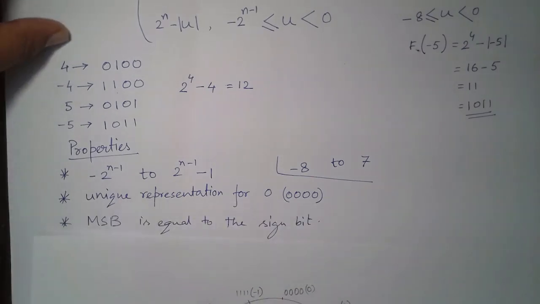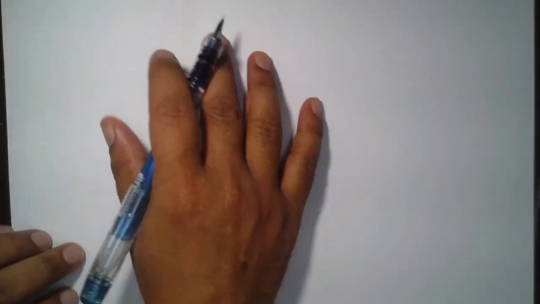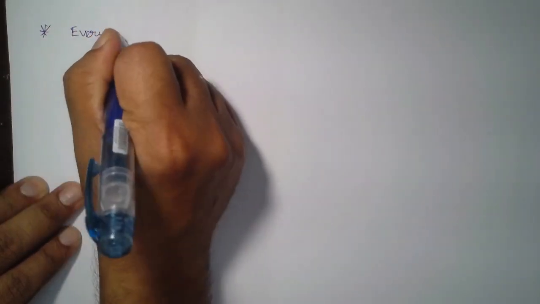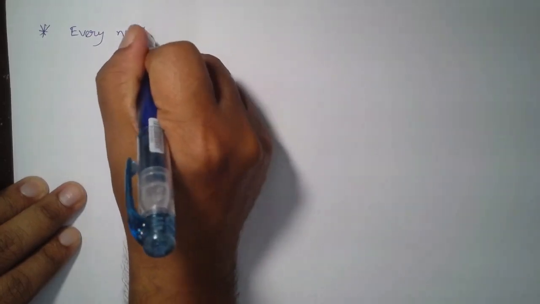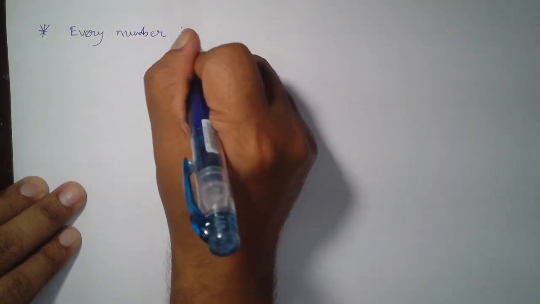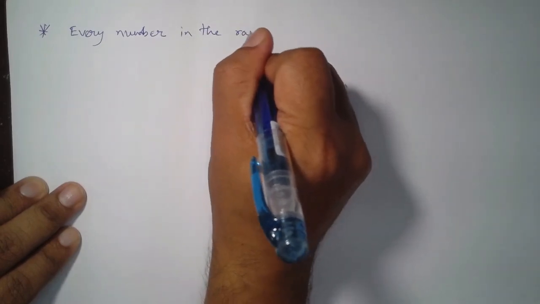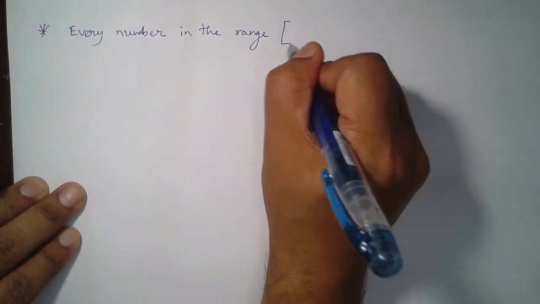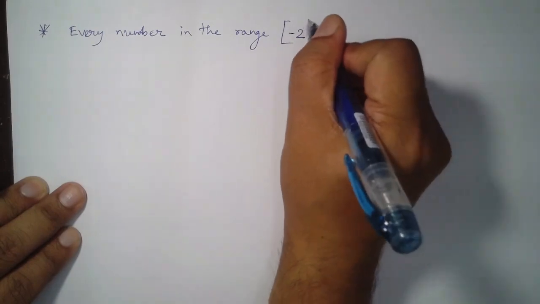So, to generalize, if we continue the discussion on the properties of 2's complement numbers, we can represent every number in the range starting from minus 2 to the power n minus 1.